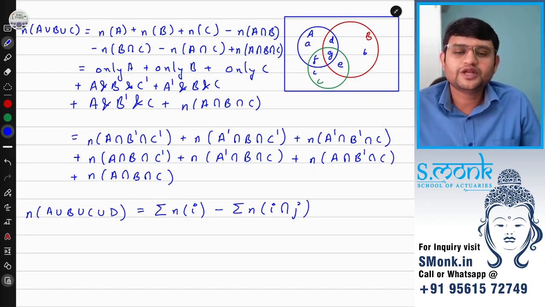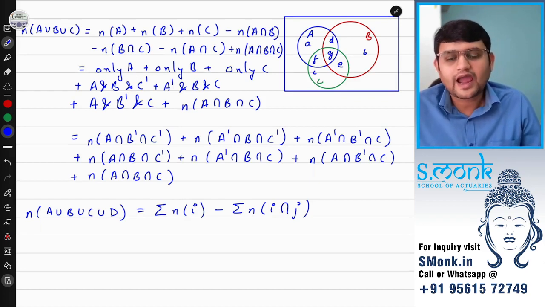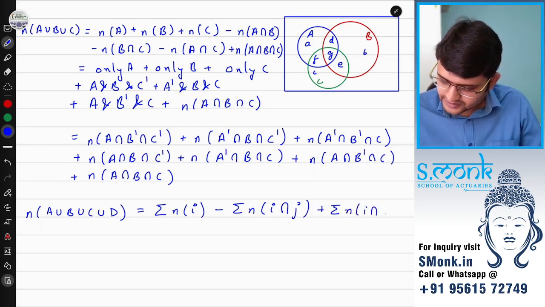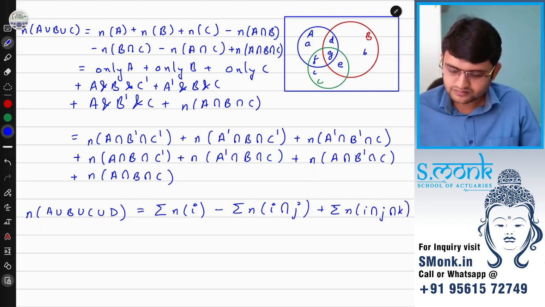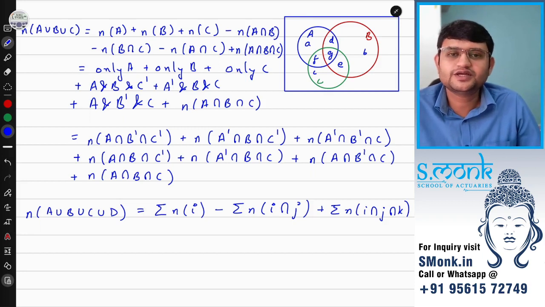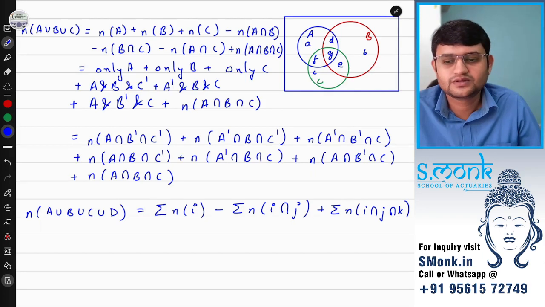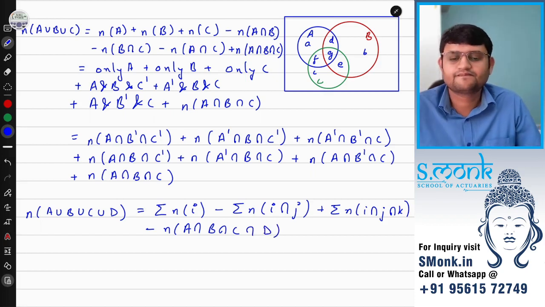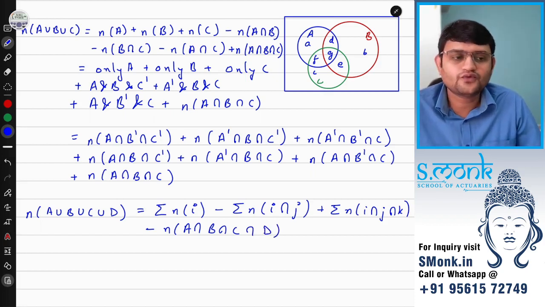All the combinations taken 2 at a time, I will subtract that. Then I will add the triple intersections. So I'll say I intersection J intersection K. That would be ABC, BCD, ABD, and ACD. You will add them up, and then you will subtract the intersection of all 4 of them.